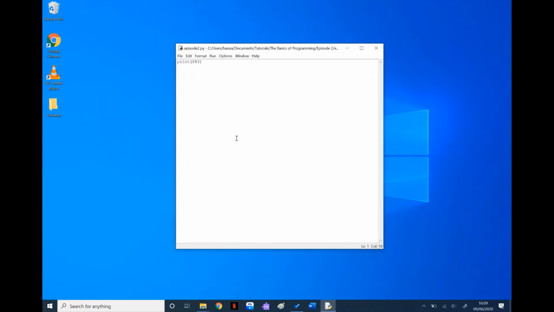Now, the good thing about mod, and the reason it's so important, is you can use it to find out if a value is even or odd. And you do that by modding it by 2. So if I wanted to know if 7 was even or odd, I'd do 7 mod 2. And the reason you can tell if it's even or odd is because anything mod 2 is either going to give you 1 or 0.